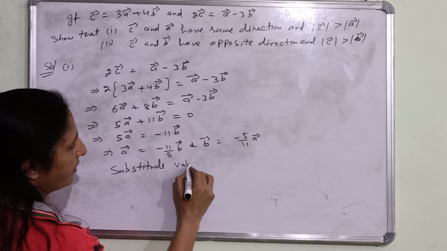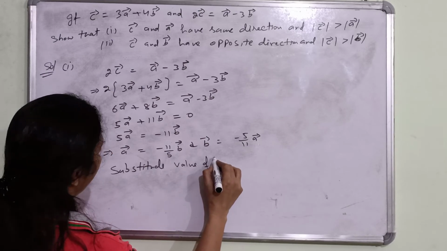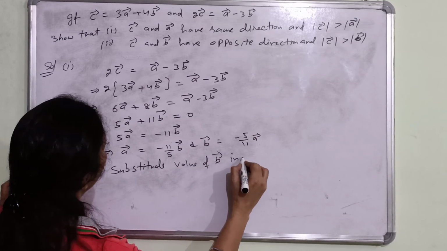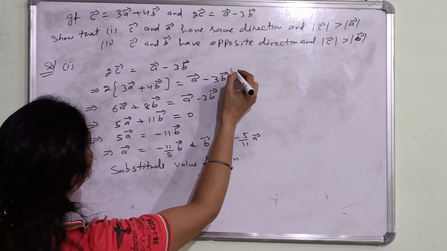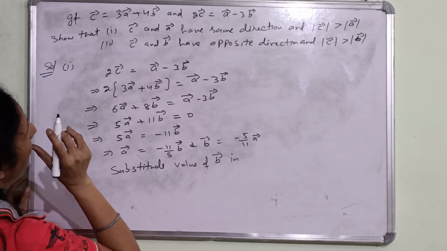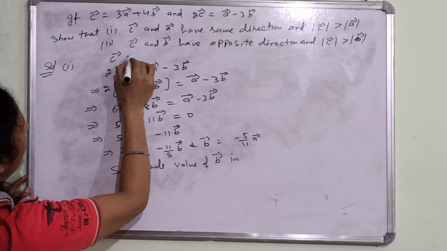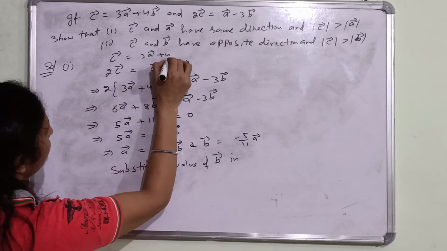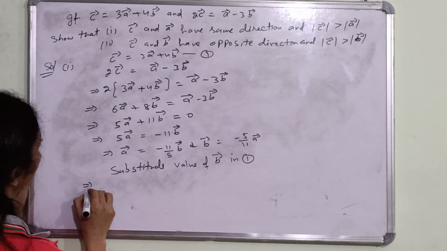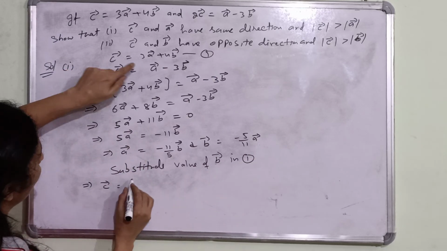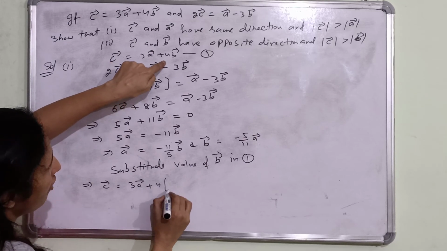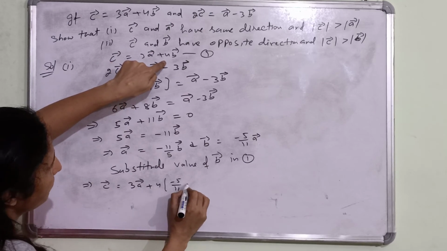We will substitute the value of B in equation 1. So we have C is equal to 3a plus 4b, where the value of b is minus 5 over 11a.